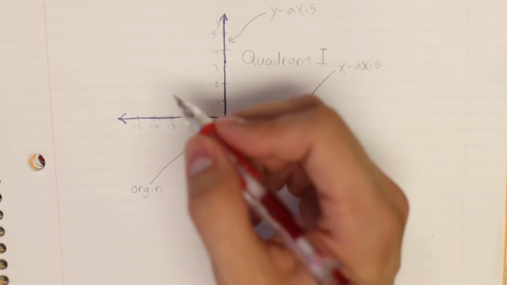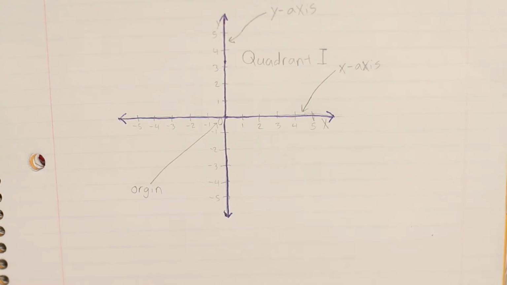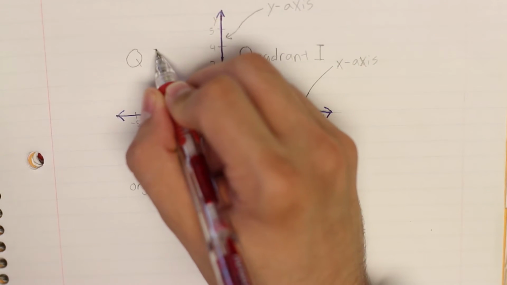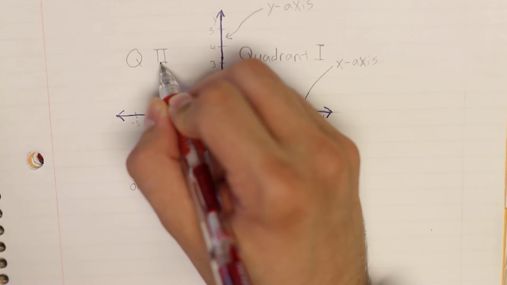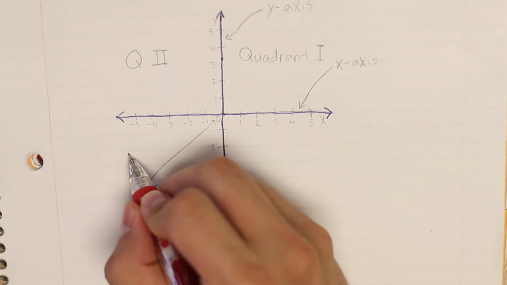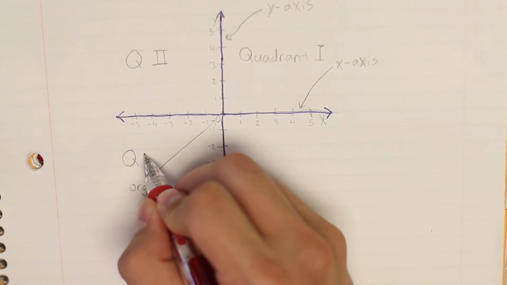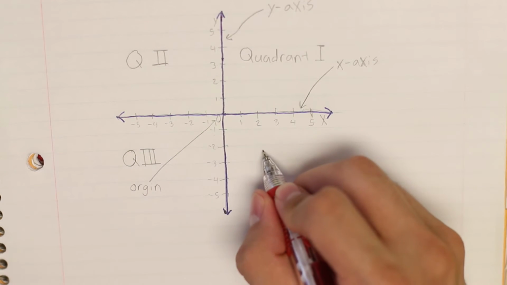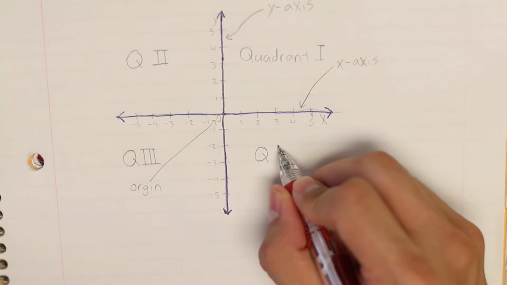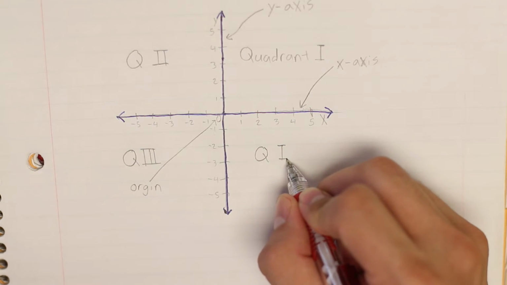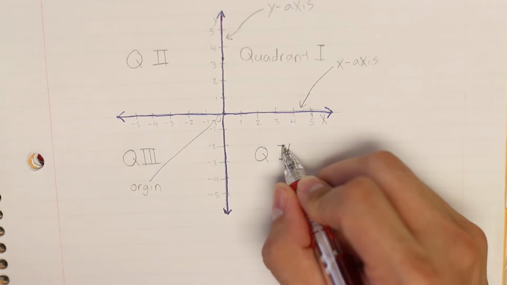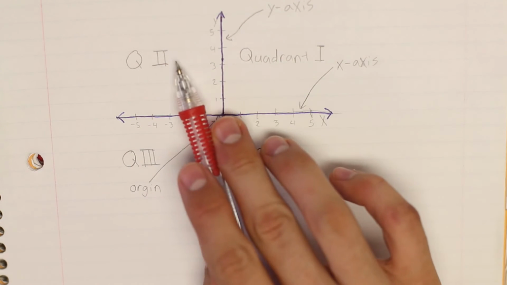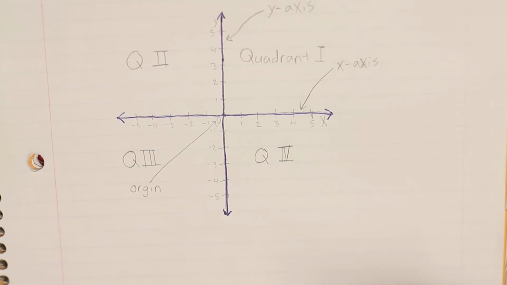Now over here I'm not going to spell out quadrant every time, I'm just going to put a big capital Q. But this is quadrant 2 over here. Over here we have quadrant 3, and over here we have quadrant 4, and you put a line and you put the V if you don't remember how to do Roman numerals, so that's how you do it. So we have quadrant 1, 2, 3, and 4.